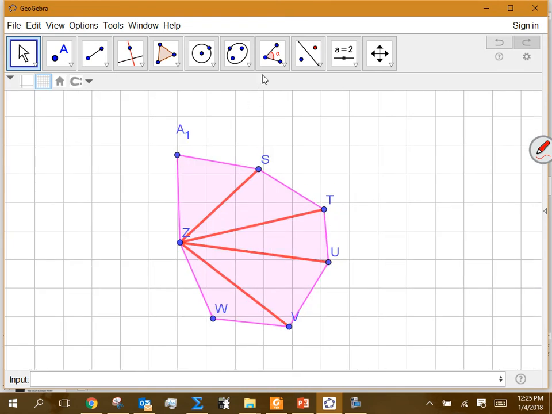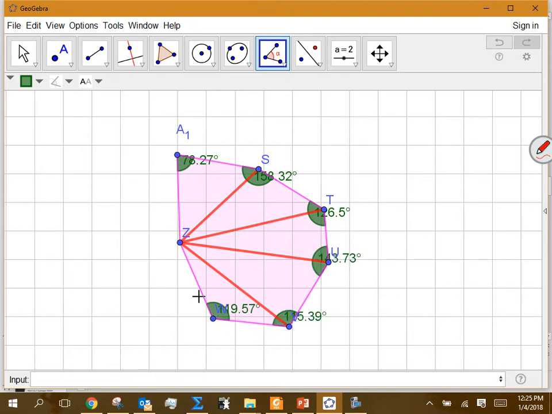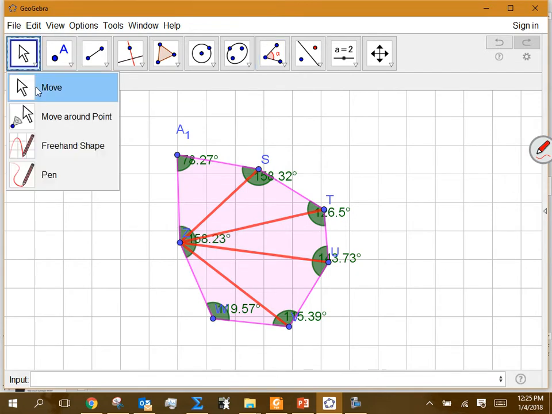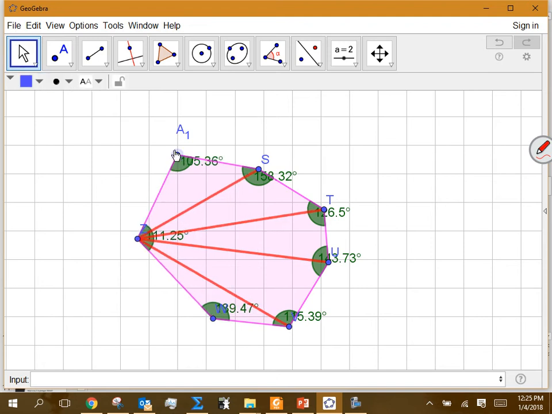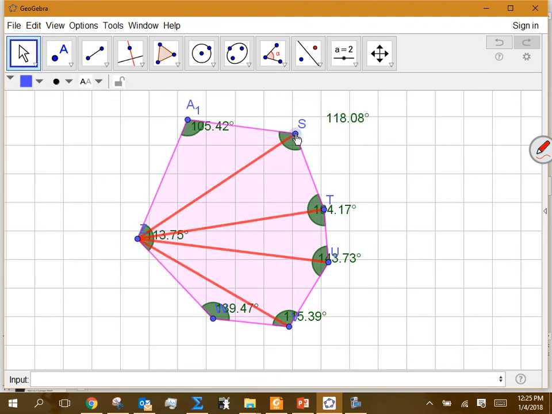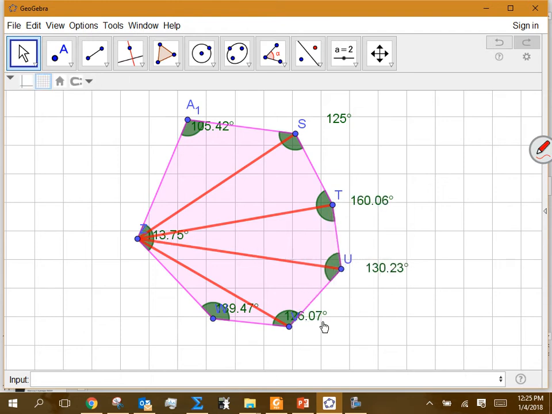When we're trying to find the total number of angle measurements, we are looking at those angles. Those green angles are what we're looking for. And regardless of how the figure is set up, I'm going to try to keep it convex.